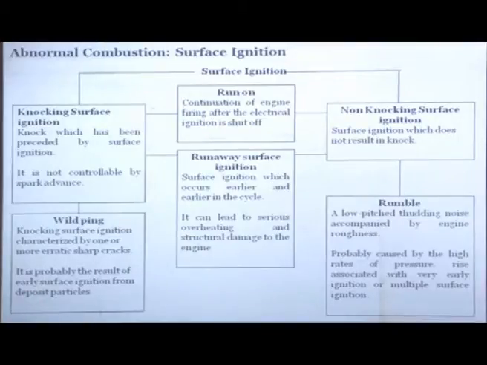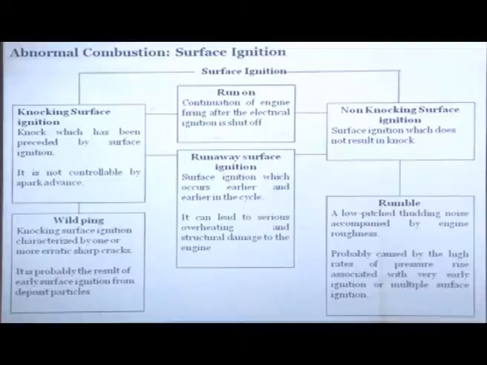Then non-knocking surface ignition will give you a rumbling noise, a low pitched thudding noise accompanied by engine roughness. The engine will not run very smoothly, although it is not knocking. This is probably caused by high rates of pressure rise associated with very early ignition or multiple surface ignitions.